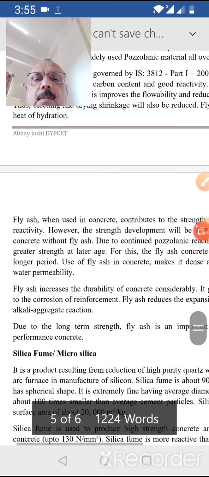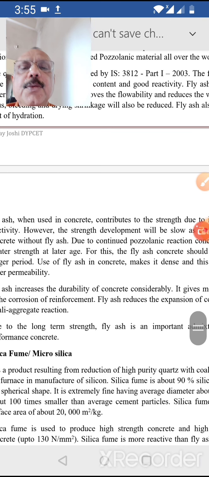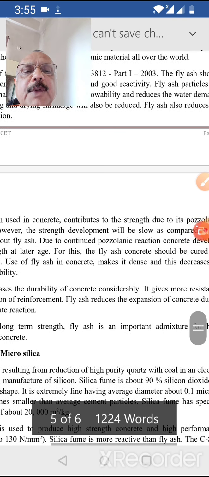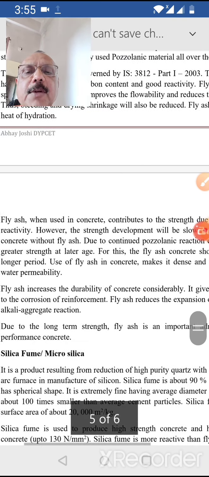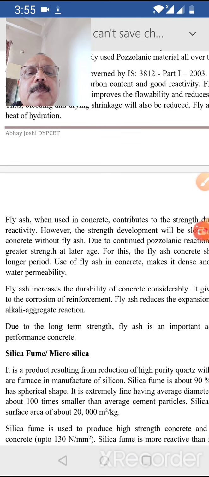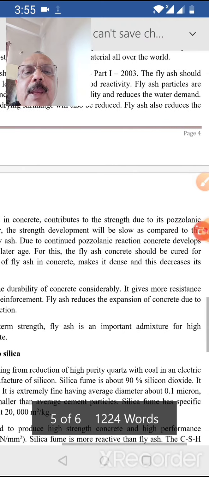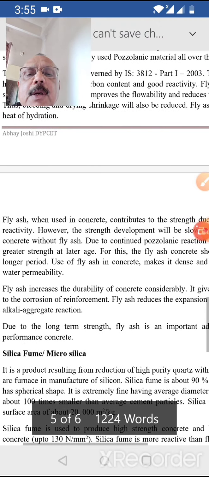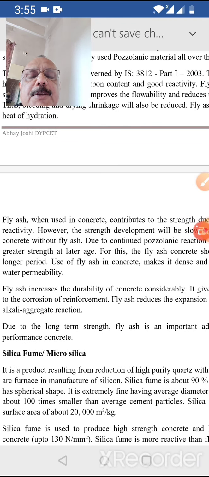Now, when used in concrete, it contributes to strength due to its pozzolanic reaction, already we have seen. However, the strength development will be very slow as compared to concrete without fly ash.